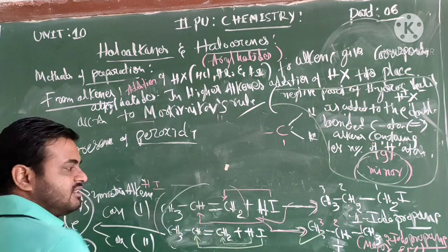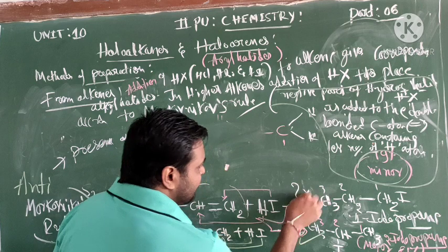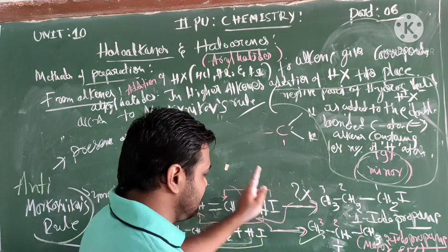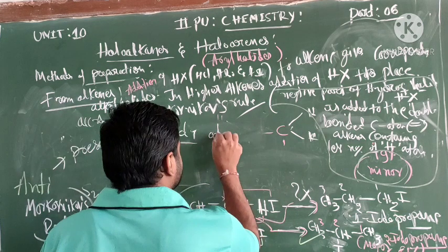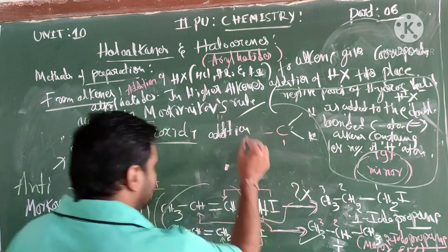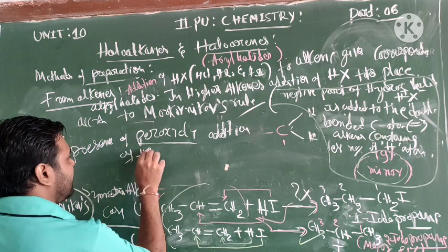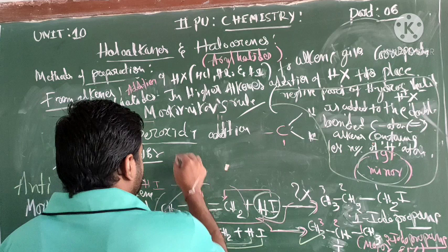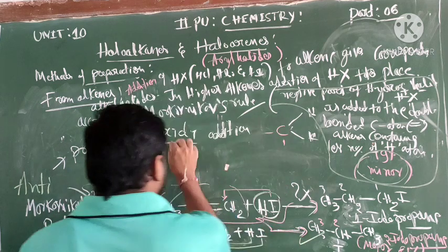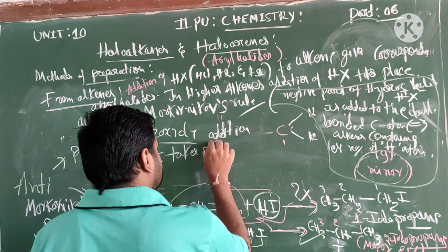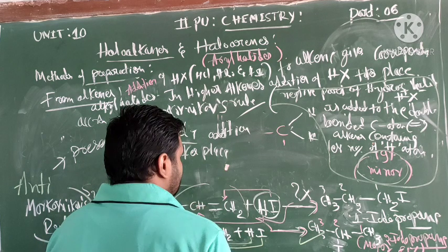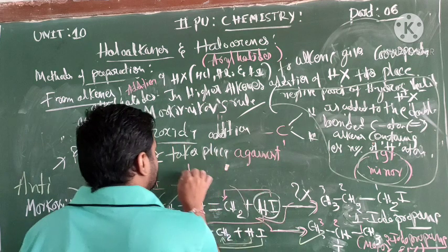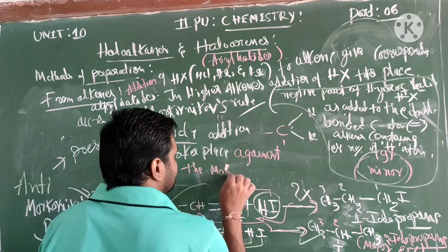Here, the peroxide catalyst is present, and the addition of HBr takes place. In the case of HI, we took HBr. It takes place against the Markovnikov rule.